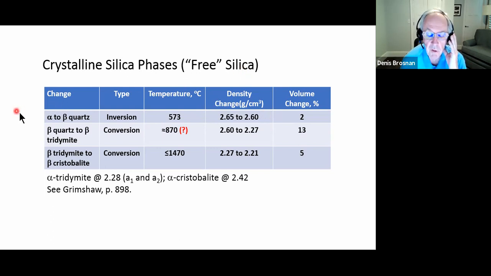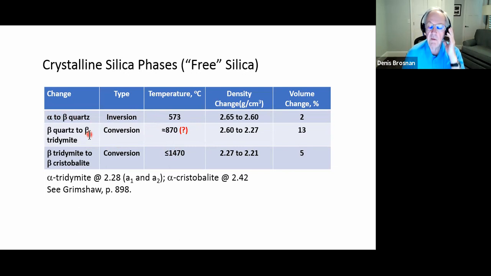So a lot of products, common clay products, aren't fired enough to have any significant concentration of other forms of free silica. But occasionally you'll find them there. So alpha to beta quartz inversion is something that we expect at 573. If you continue heating up beyond about 870 degrees, then you theoretically can convert quartz into tridymite.